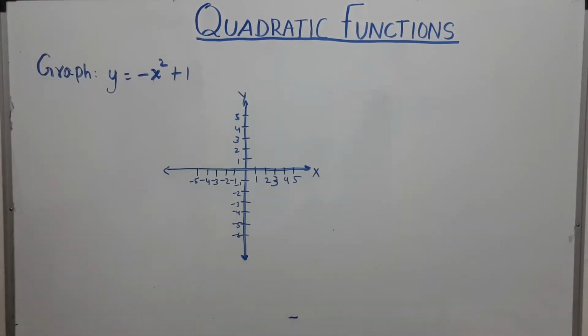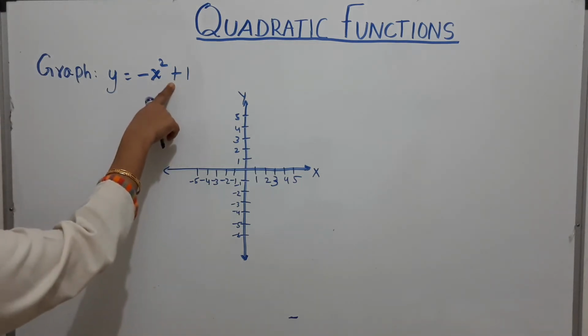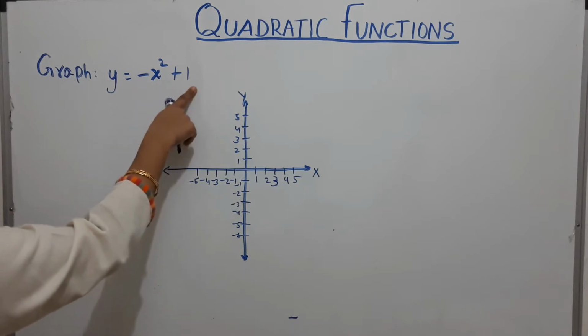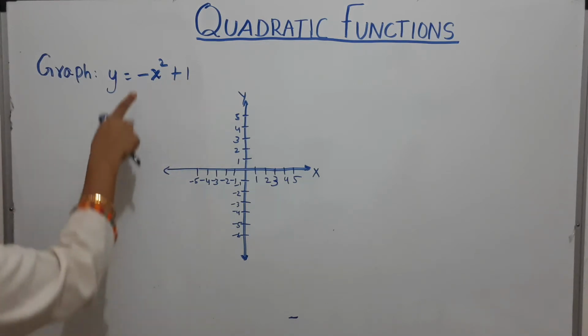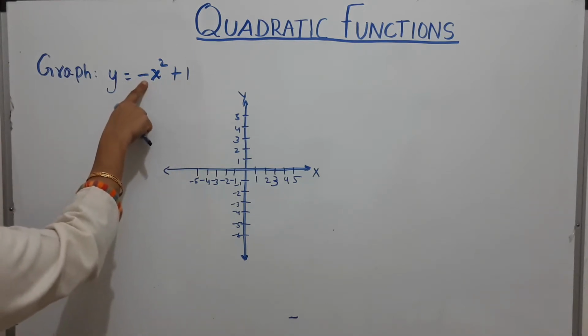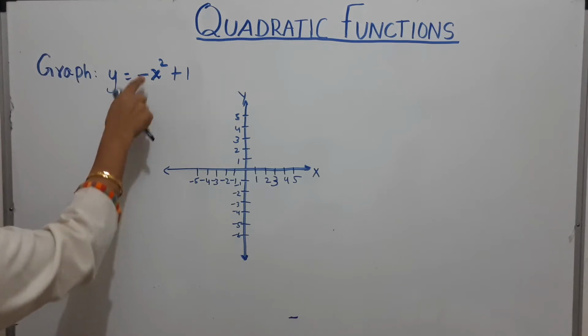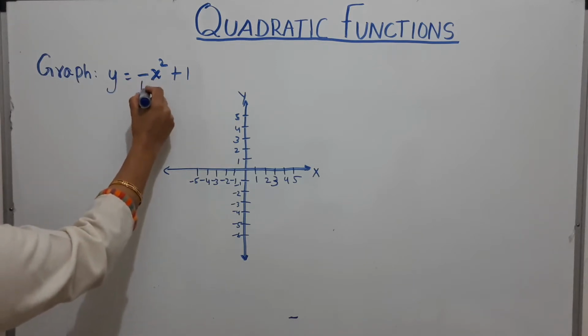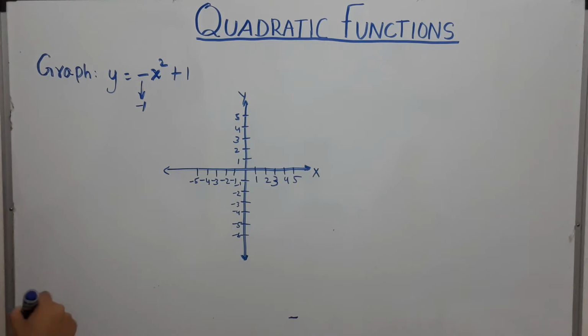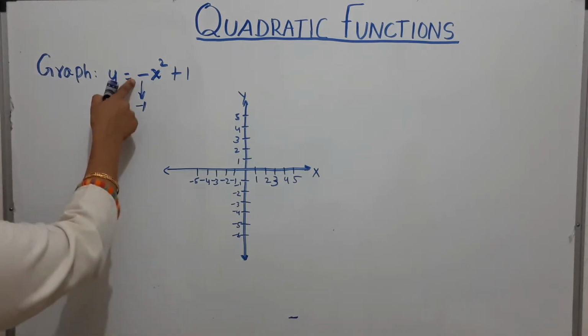In this question, we have to graph y is equal to minus x square plus 1. Notice there is no x term here, just an x square term and a constant term. The coefficient of x square is negative 1. So you can decide that the graph of this quadratic function must be a parabola, and it opens downward because this is negative.